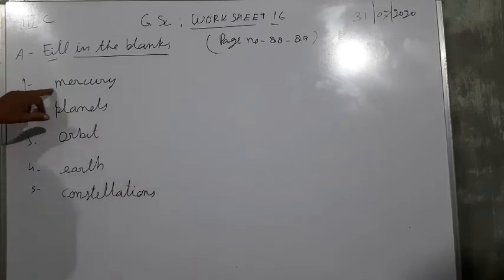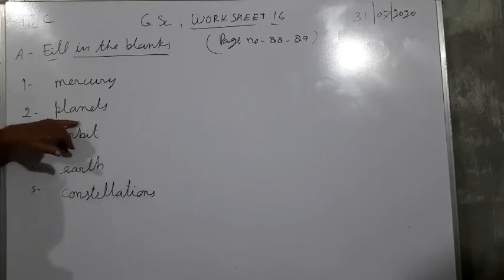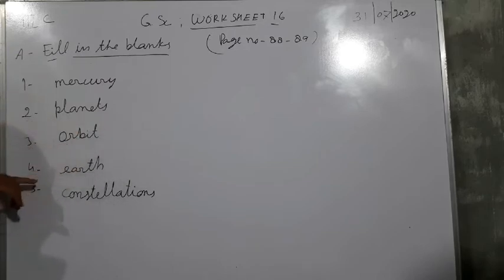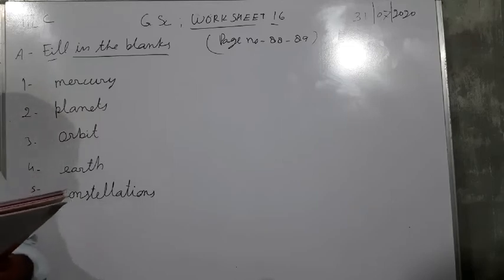So fill in the blanks. First, Mercury. Second, planets. Third, orbit. Fourth, Earth, and the fifth is constellation. Listen once again. First, the Mercury is the closest star to us. Second, the Sun and its family of 8 planets make up the solar system. Third, the planets move in a fixed path called the orbit.